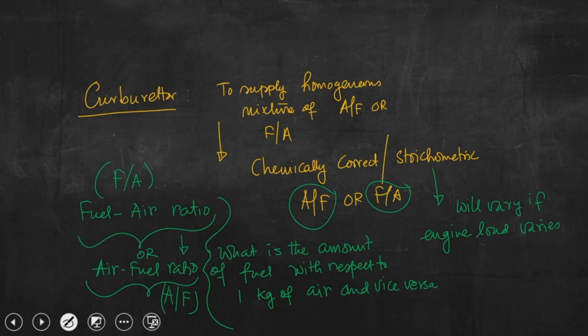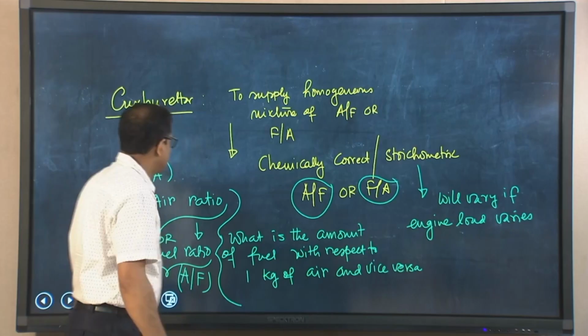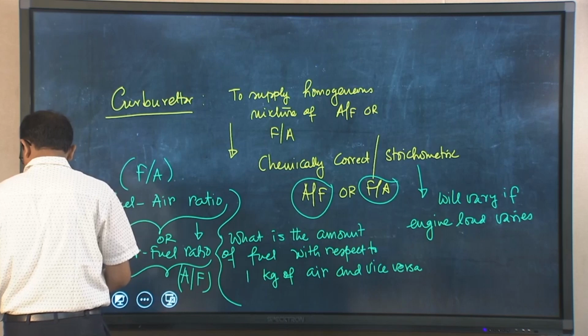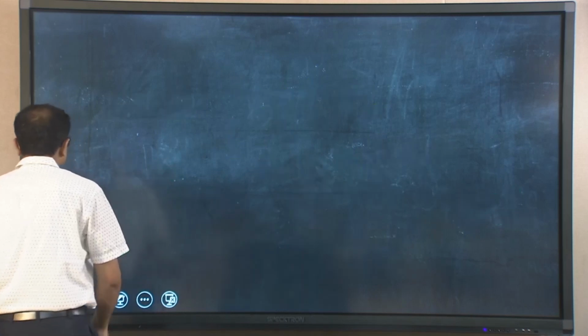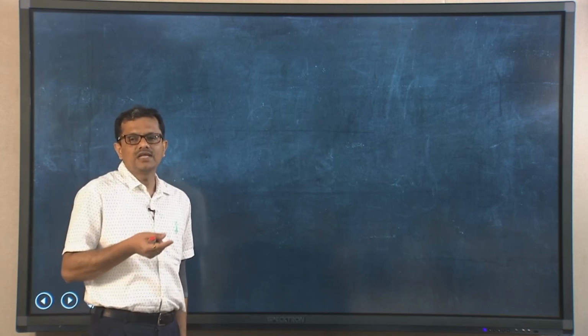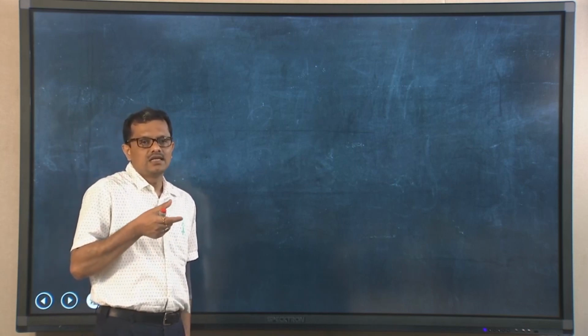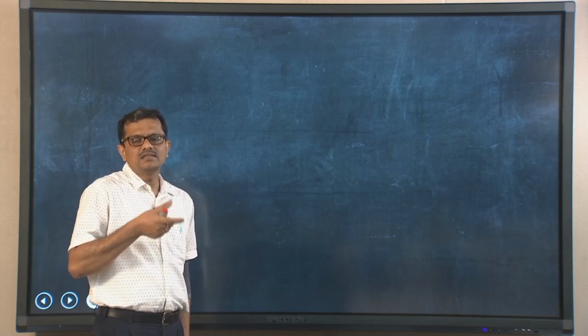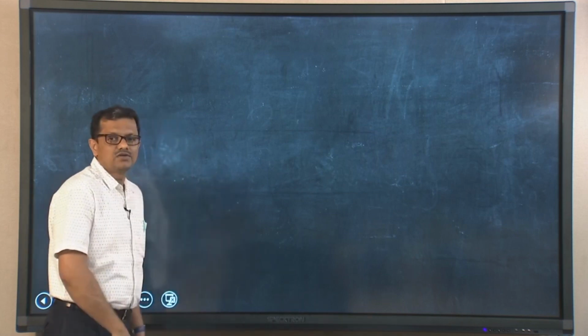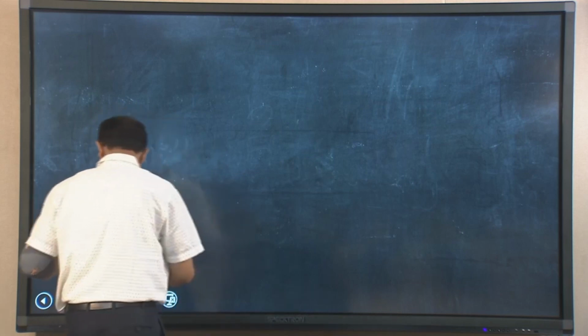Okay. So, this we have discussed. Now, let us discuss it taking an example. If we take a particular fuel and we can write the chemically balanced equation for that fuel, then we can quantify what would be the fuel air ratio or air fuel ratio.